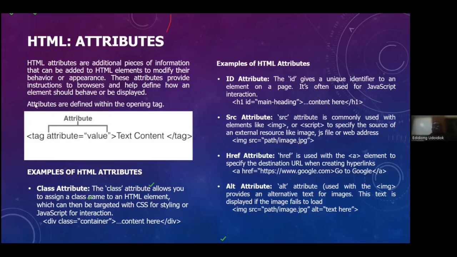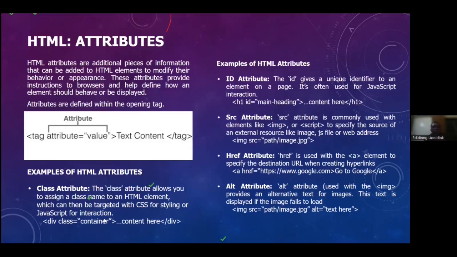So you use what we call an attribute. How do you include an attribute? Inside the opening tag, after the tag name, you have the attribute. You always have an attribute and a value. You have the attribute equals to a value inside double quotation marks. Take note. Then you have the content inside and the closing tag. Your attribute comes in the opening tag.